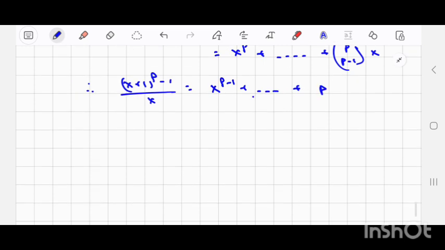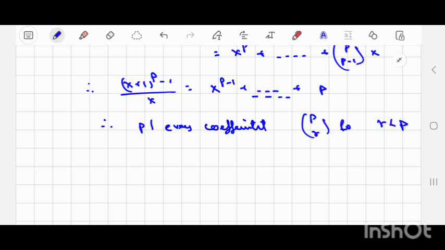So what do I conclude from here? All of these elements will be divisible by p. Therefore p divides every coefficient, because all of these are binomial coefficients in terms of p, of the form p choose r for r greater than 0 and less than p. And p divides a0, p squared does not divide a0 clearly, and it's a monic polynomial, so p does not divide 1 as well.